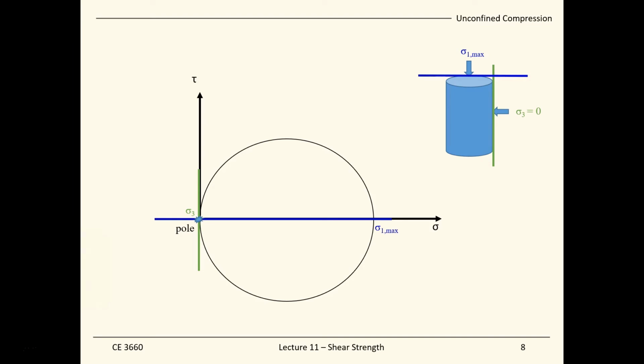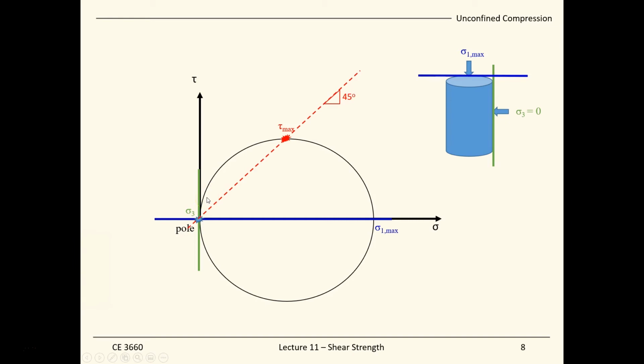And the failure stress, the maximum shear stress for the unconfined compression test, will happen at the maximum point on the y-axis of the Mohr circle. So this is what we call the maximum shear stress. With this point and with the pole, we can identify the failure plane. Again, like the pole method, if we know the pole and we know the stress, then we can find the orientation, which is the plane.